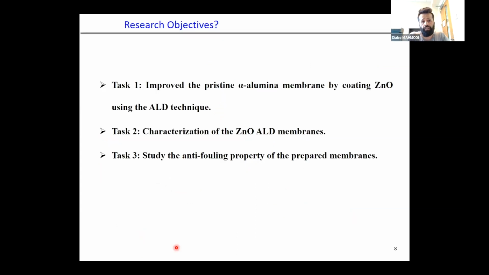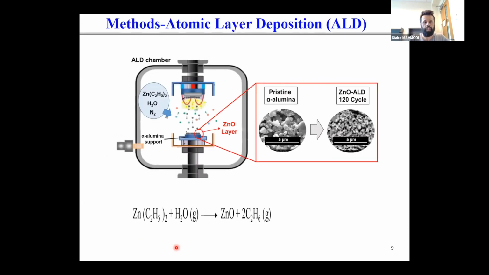Research objectives are: task 1, improve the pristine alpha-alumina membrane by coating zinc oxide using the atomic layer deposition technique; characterization of the zinc oxide ALD membranes; and study the anti-fouling property of the prepared membranes. Here is how atomic layer deposition works.